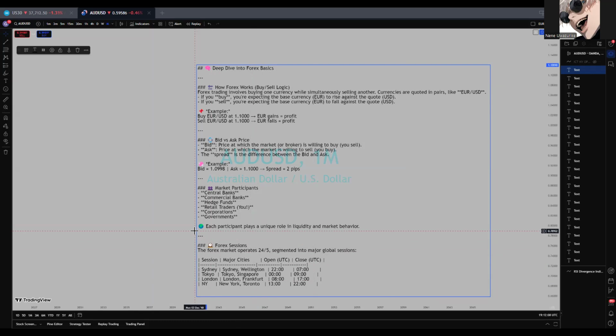It does not have any physical form. It's online. It has to do with buying and selling of currency, hence foreign exchange, different countries' currency. It means you're buying one currency and selling another currency because they are paired together. So that's the basics of Forex.